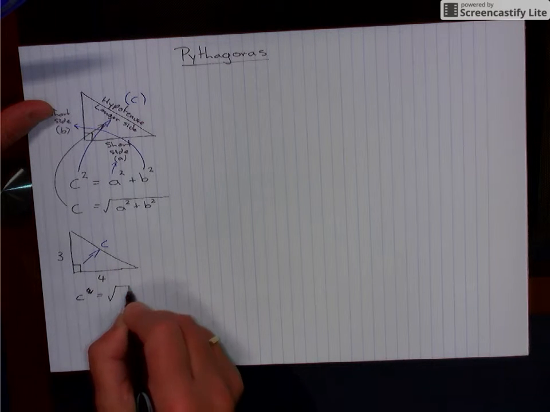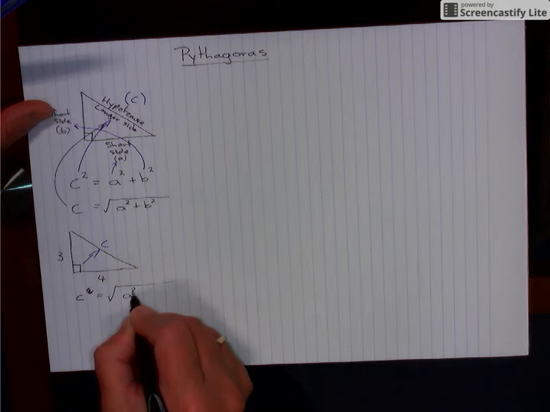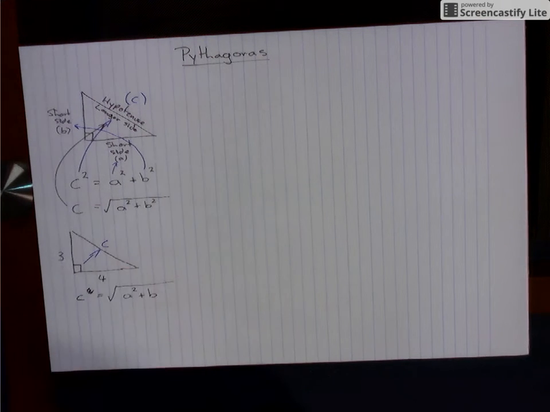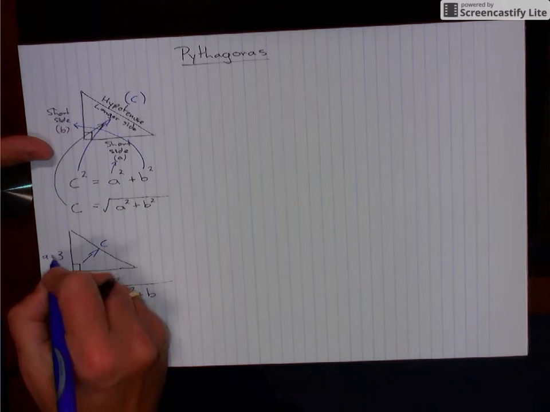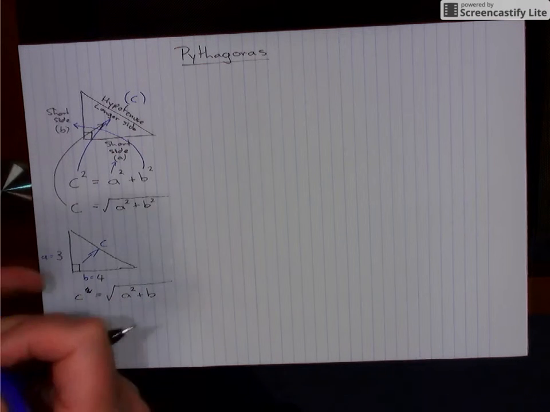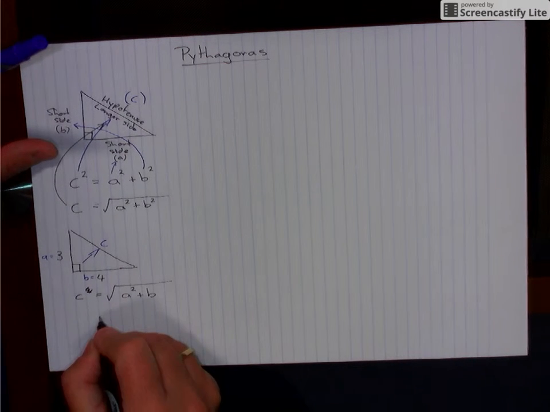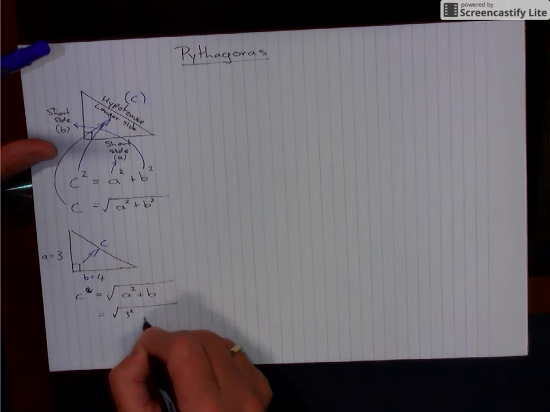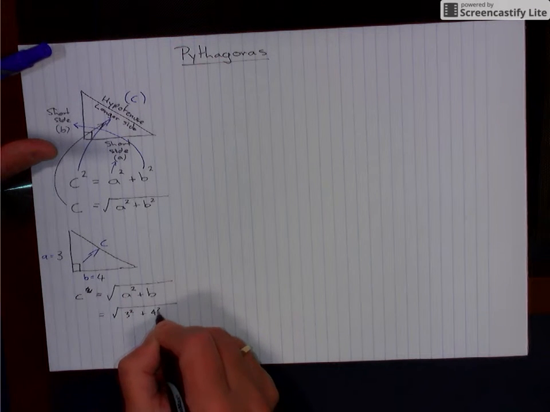So in our formula, c equals the square root of a squared plus b squared. We're going to substitute in a equal to 3 and b equal to 4. That's our two shorter sides. So that's equal to the square root of 3 squared plus 4 squared.